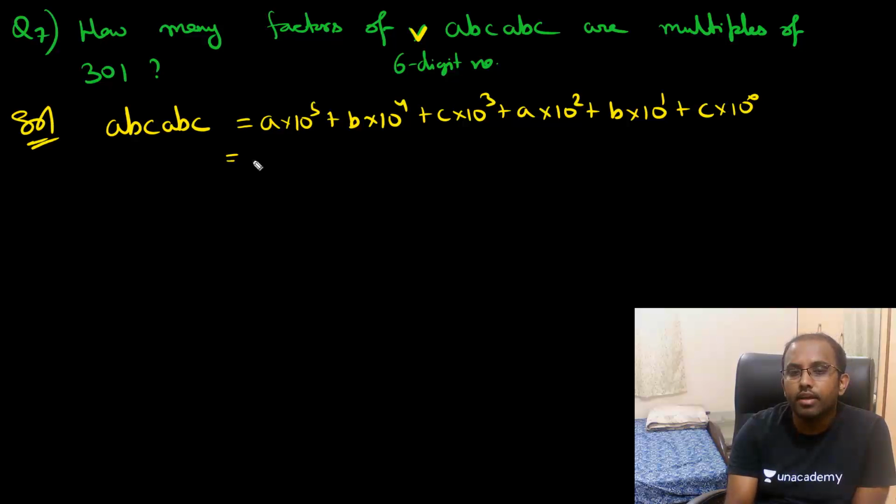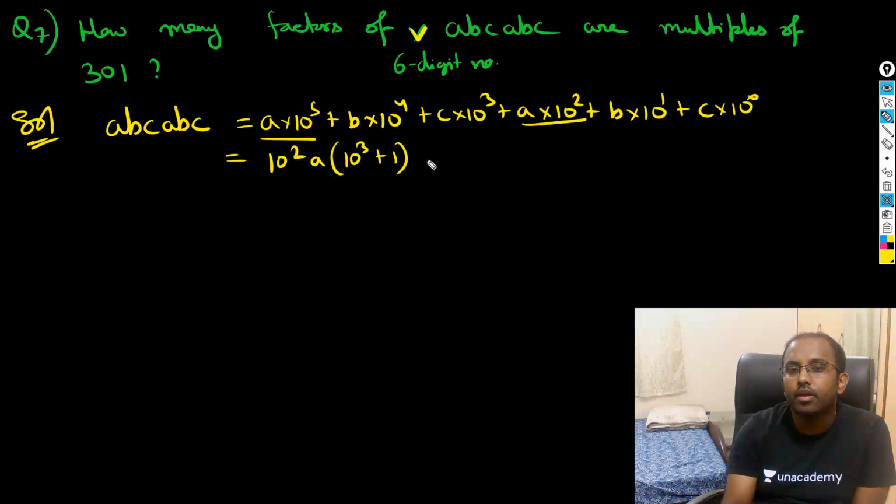Now I'll take 10 square A as common from these two terms, and I'm left with 10 cube plus 1. Here with B I can take 10B as common, and again I'm left with 10 cube plus 1. In the C term I can take only C as common, and I'm left with 10 cube plus 1.